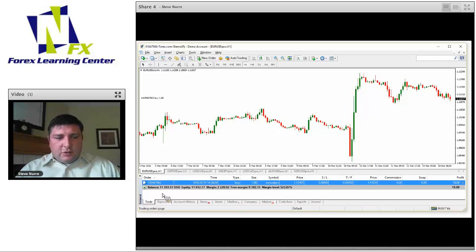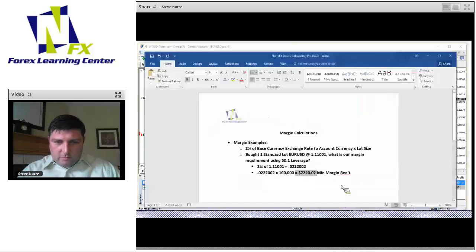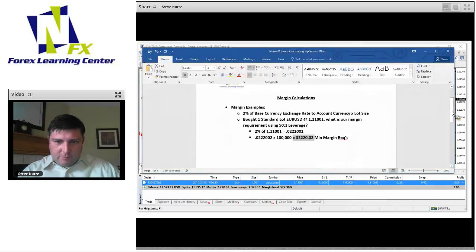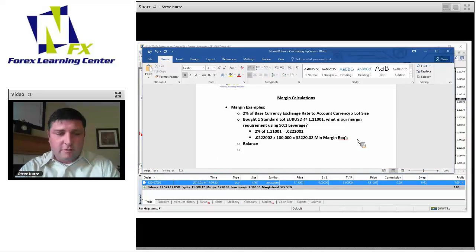In this case, you're going to see a couple of different numbers here. You're going to see a balance number, an equity number, and we'll go ahead and we'll put our worksheet up in here. And where this puts us is what's called our balance number. This is on the MetaTrader 4 platform. Our equity number, our margin number, and our free margin number.